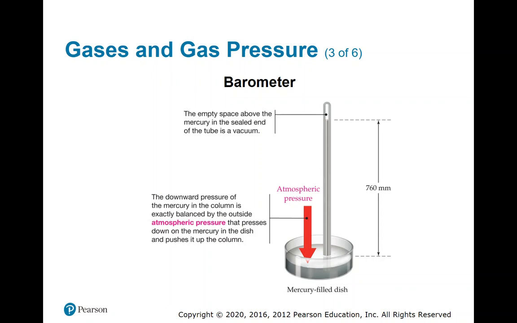Now, the reason why mercury is used for this as opposed to something more common and much more safe, like, say, liquid water, is another factor that influences the distance that liquid will travel up that tube is the density of the liquid. Now, mercury is about 13.5 times the density of water, and that means that it will travel a distance that is about 13.5 times shorter than water would in the same sort of setup.